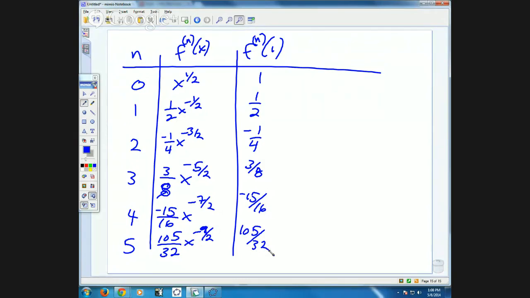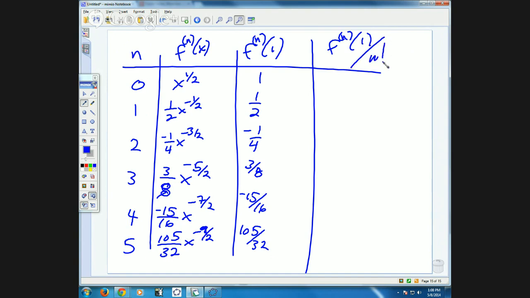I plugged in 1 for x. What's the next step? Yeah, n factorial. We divide each of these by n factorial. So we take the results we got from the nth derivative with the center plugged in, and divide by n factorial.